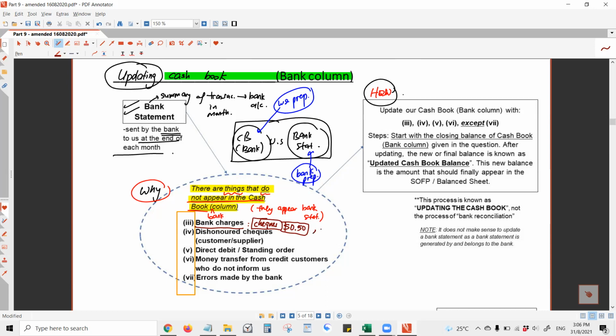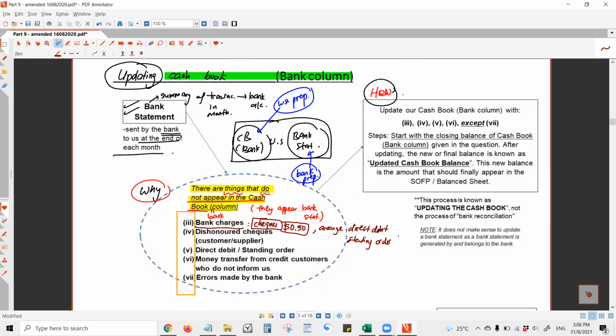Another example, you want to arrange, for example, direct debit, or you call it the standing order. Direct debit or standing order means you tell the bank to do something. You tell the bank to transfer some money every month from your bank account to maybe an insurance company. Insurance is an expense that you have to pay monthly, so maybe you are worried that you will forget to make payment.